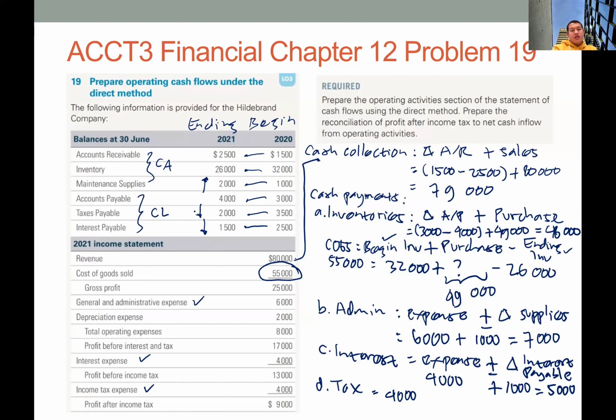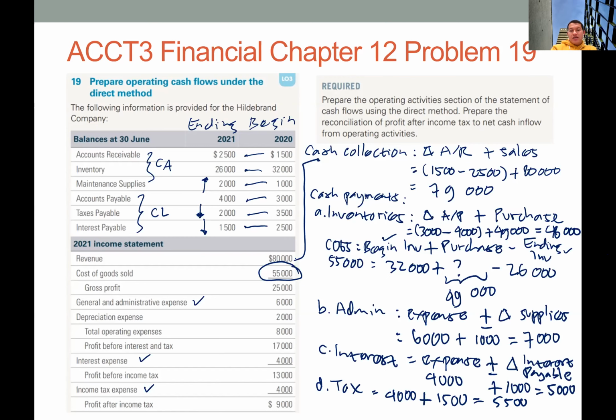We start with 2,500 and then we end up with 2,000. It means the company used some of their cash to repay this tax payable. So this one should be positive. So 4,000 plus 1,500, we get 5,500. Okay, that's pretty much all.